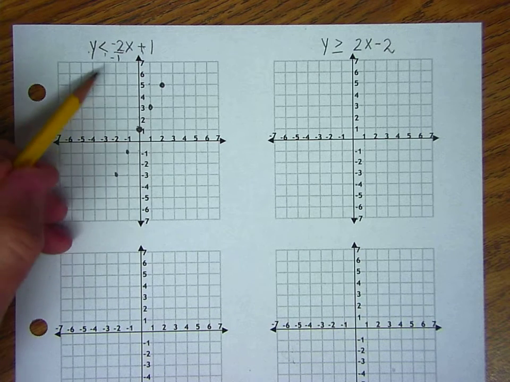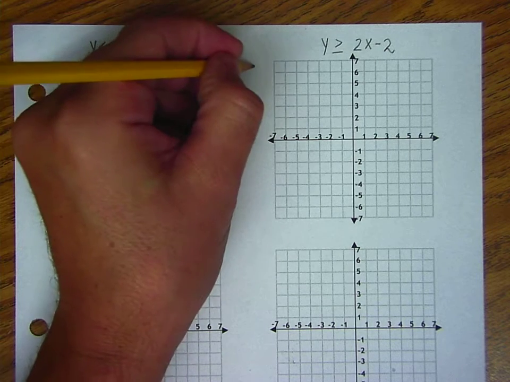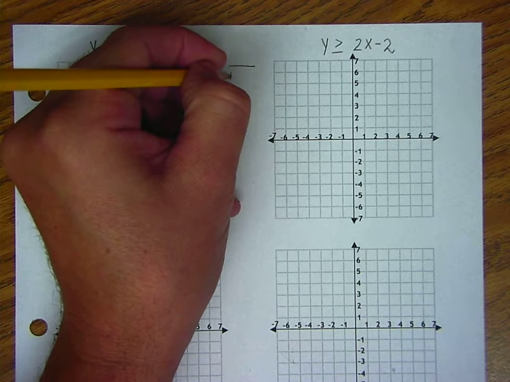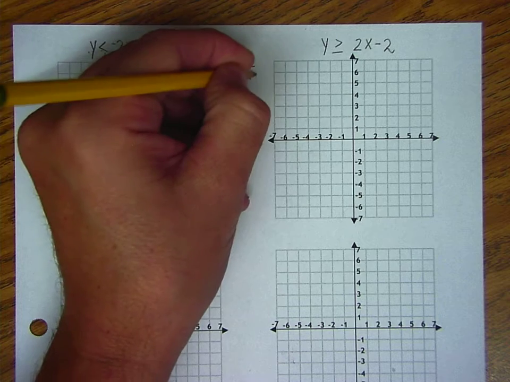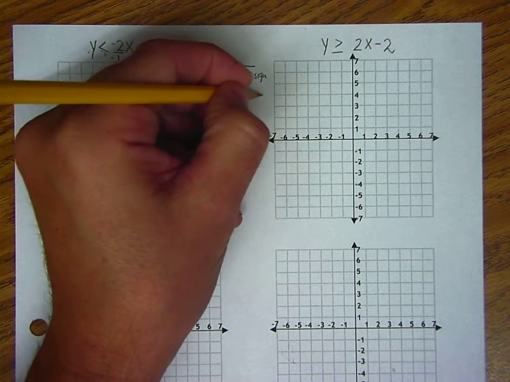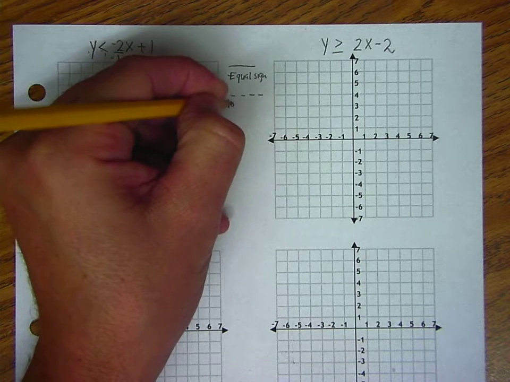From our inequality symbol, we're going to decide whether we're going to draw a solid line or a dashed line. A solid line would be given when there's an equal sign. You need an equal sign in your inequality to get a solid line. You get a dashed line when there is no equal sign.